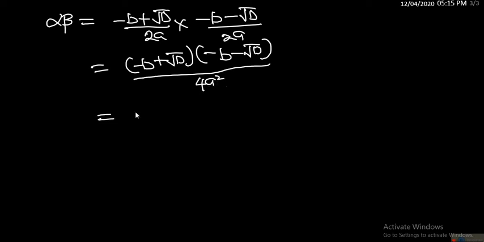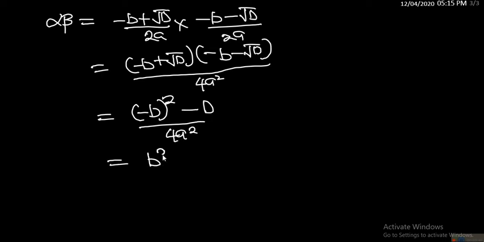So apply the difference of two squares to open the formula. We are going to have minus b squared minus D, all over 4a squared, and of course this will give us b squared minus D over 4a squared.